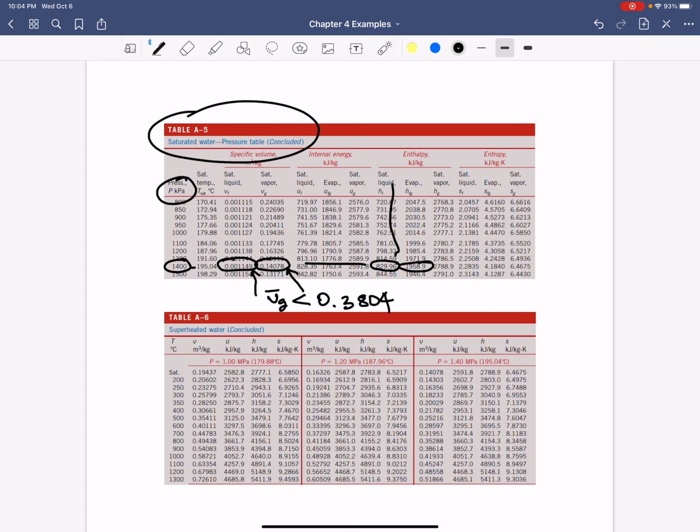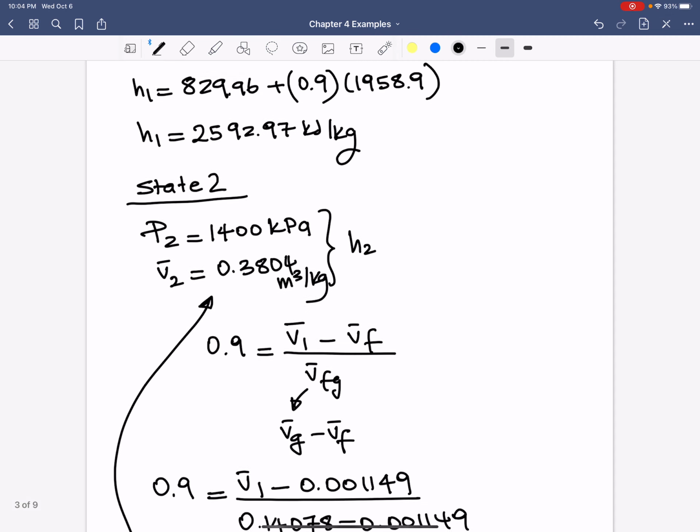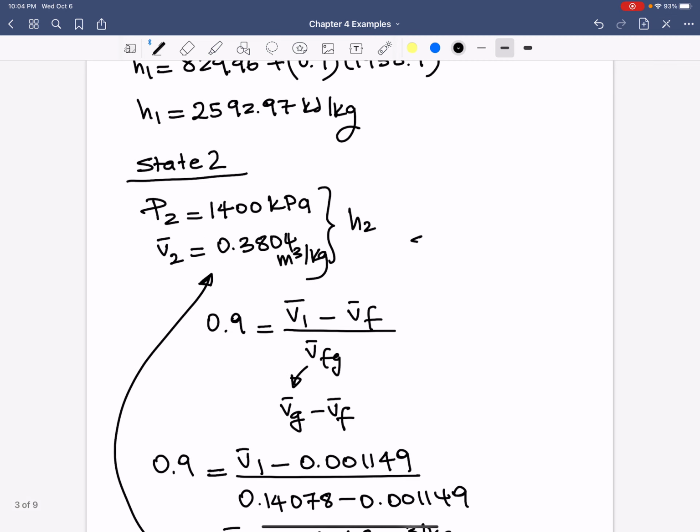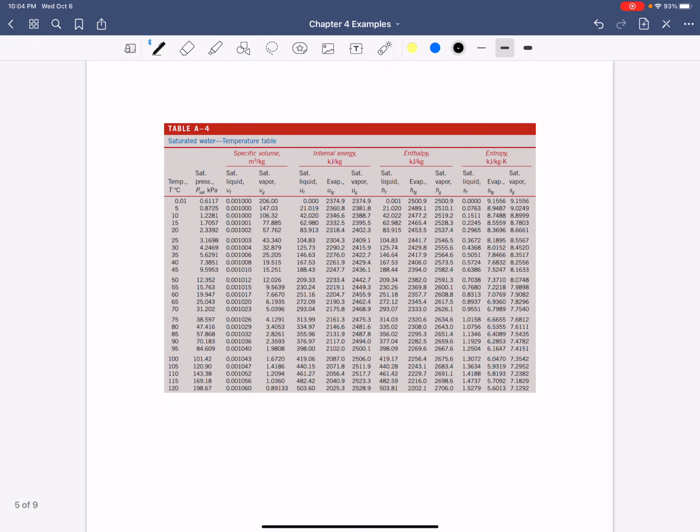That means that actually you have a superheated vapor. Okay, so you first conclude that you have a superheated vapor. And now to be able to read what the specific enthalpy is, you need to go to table A6, which is the superheated vapor table.